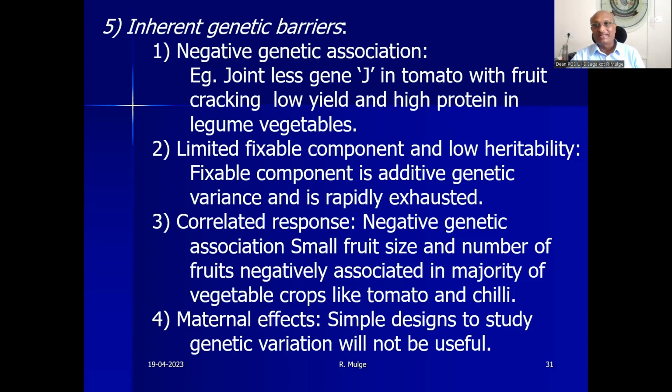If you want big size fruits, fruit number is going to go down. Both of these are required for us to increase the yield. But there is a correlated response, a negative genetic association between the two desirable characters, fruit size and number of fruits.